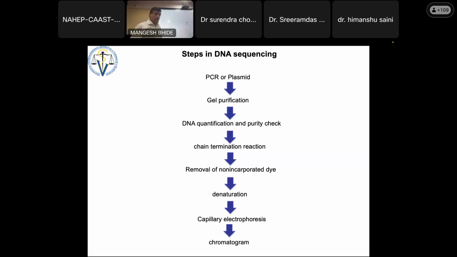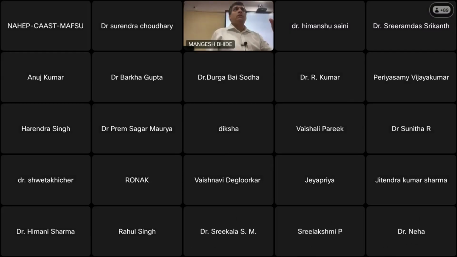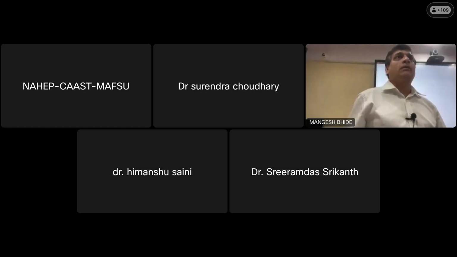Sanger sequencing can be done in two ways. You can sequence a PCR product. Somebody asked me how big the PCR product can be. 1000 is the maximum range. If you have 1000 base pairs, you should be able to sequence the full length.